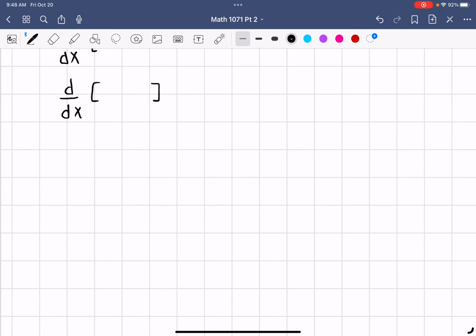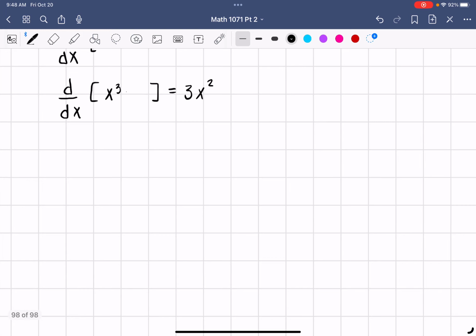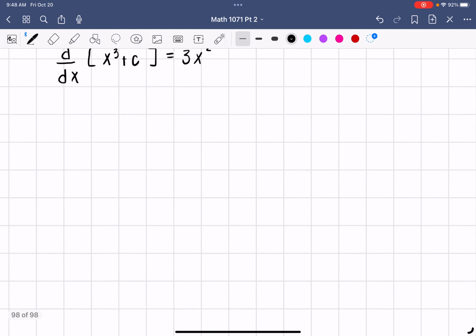Can you tell me the function that it's the derivative of? X cubed. And if you want, you could say plus c. X cubed. So that's why we're calling these the prederivatives. The term is antiderivative. I give you the derivative, you come up with the original function.